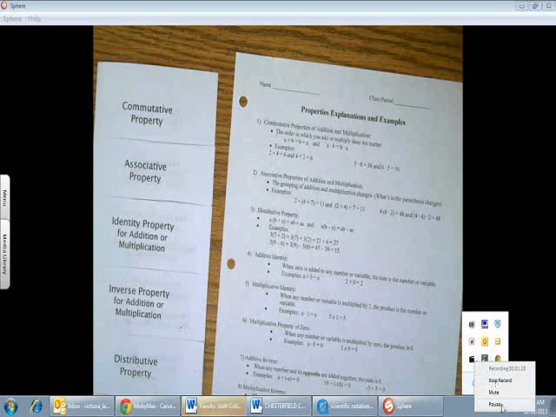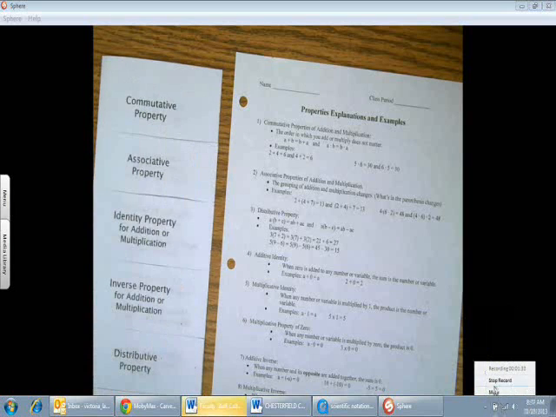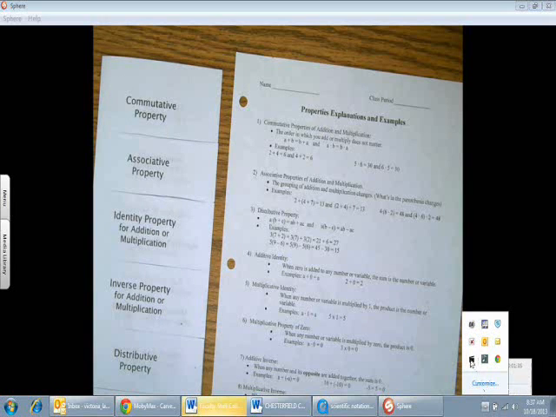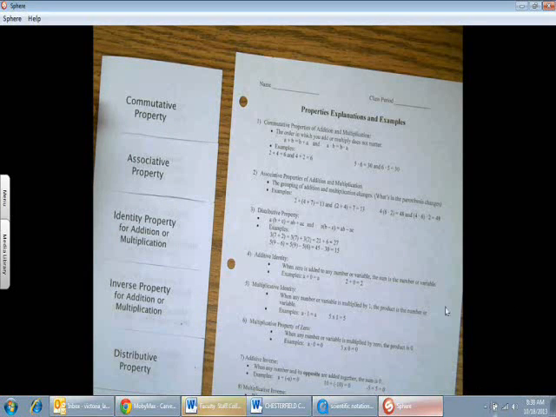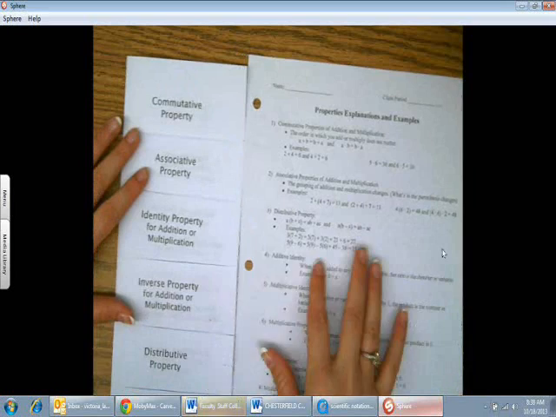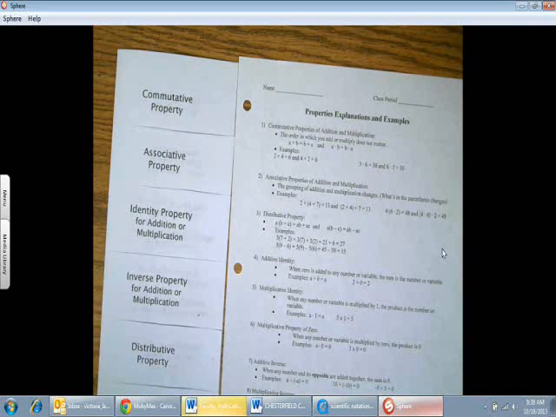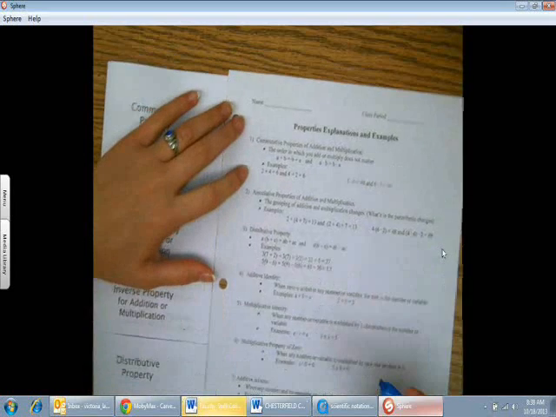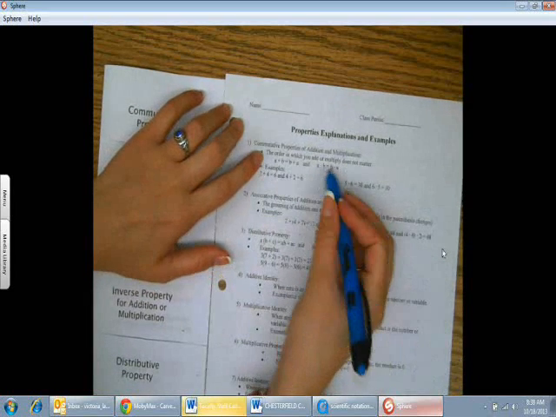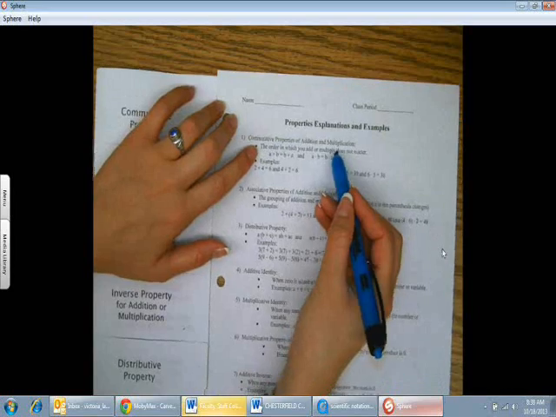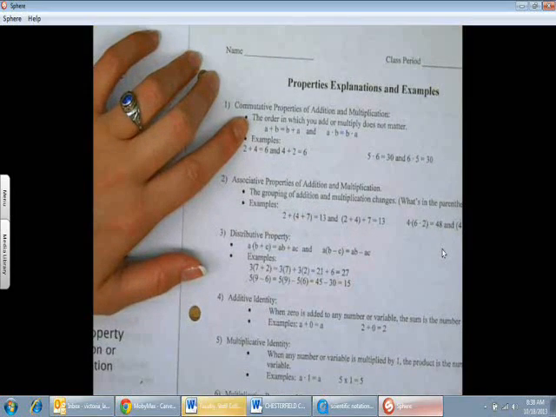The first thing that we're going to do is we're going to do the commutative property. Okay, so for the commutative property, here it states that the commutative property is where the order in which you add or multiply does not matter. Let me zoom in so you can see that.